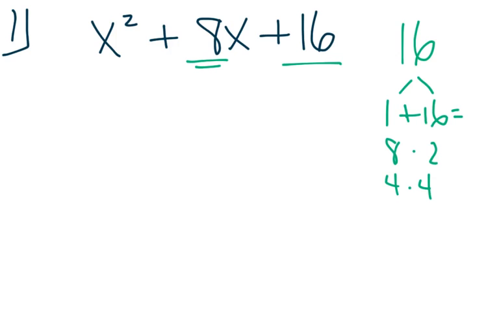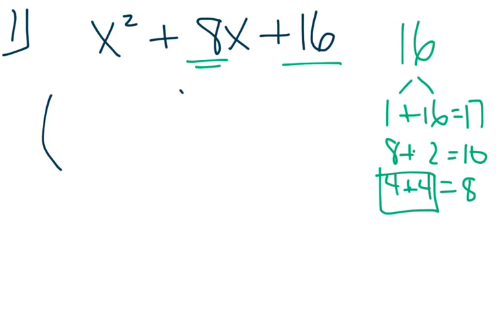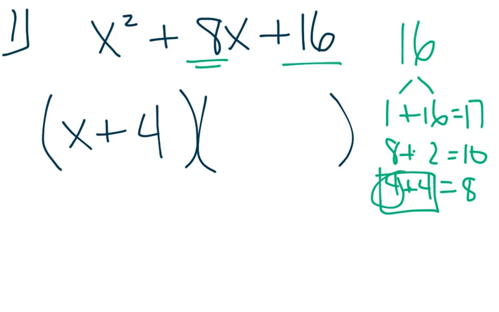So 1 plus 16 is 17, 8 plus 2 is 10, and 4 plus 4 is 8. So these are the two numbers. When we separate these back into the parentheses, we are going to have x plus 4 and x plus 4. So this is going to be our final answer.